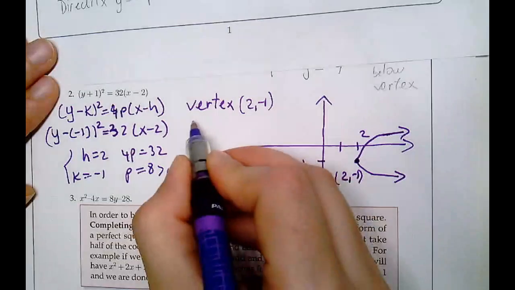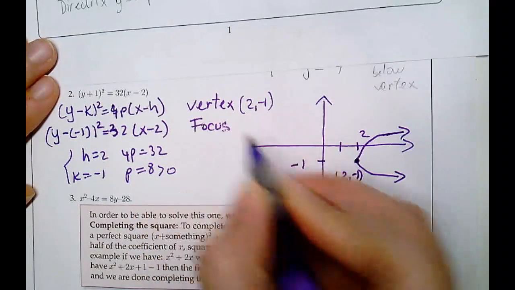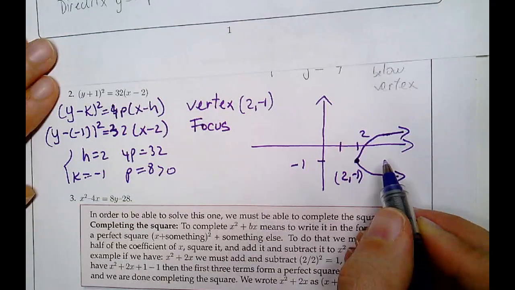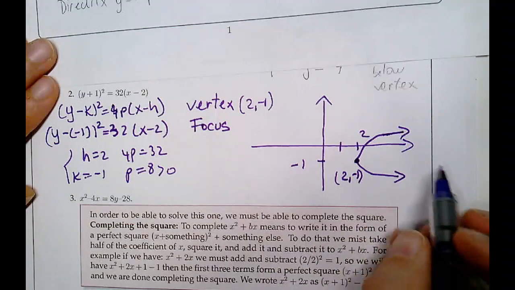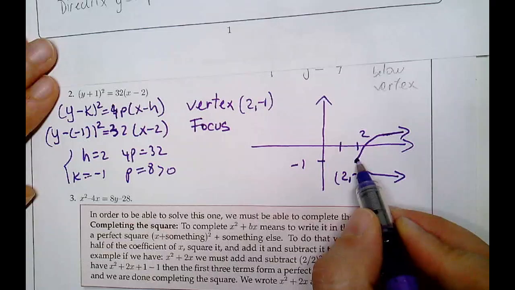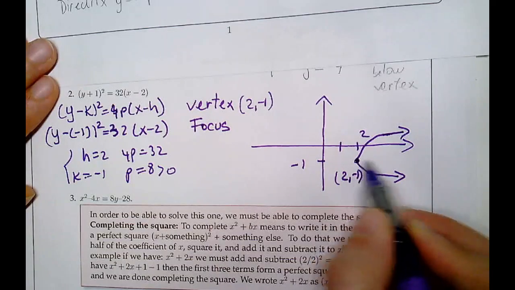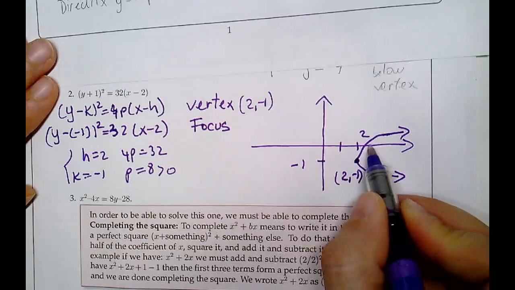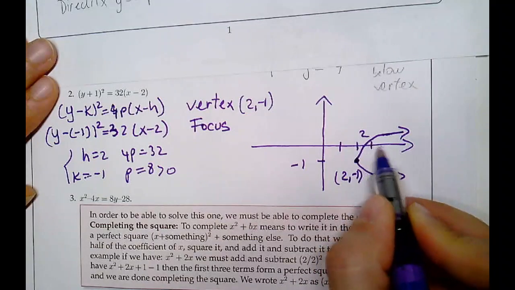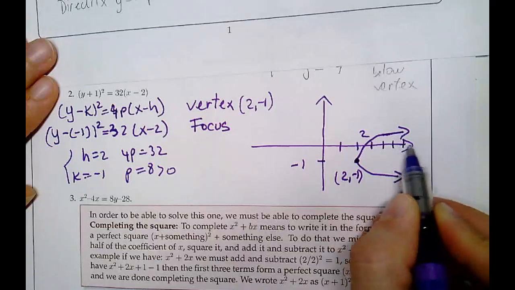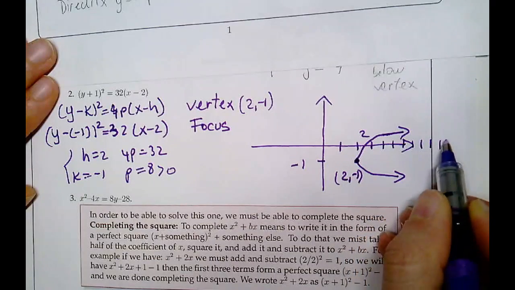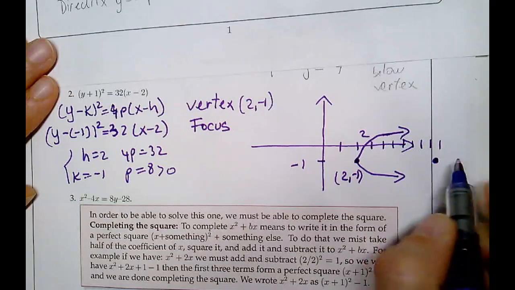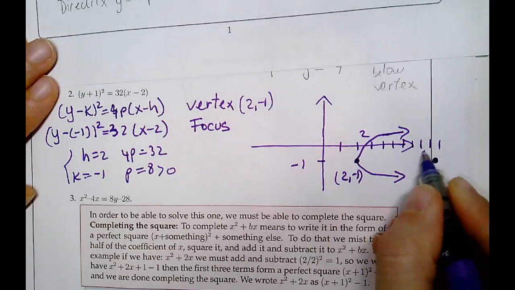And then where is the focus? The focus is going to be p units to the right of the vertex. So 8 units to the right of the vertex is going to be, so 1, 2, 3, 4, 5, 6, 7, 8. So the focus is going to be right here.